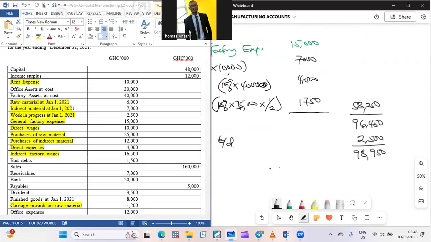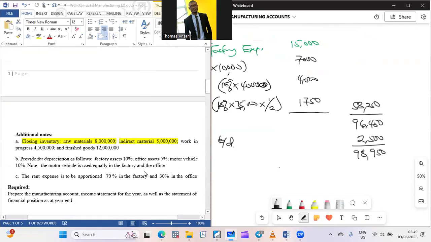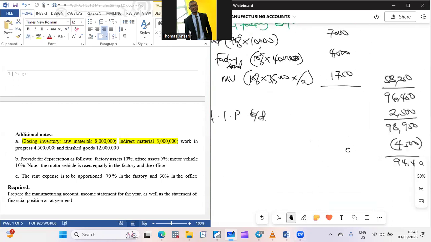But if I less the closing WIP, the closing WIP is 4,500. And if I take 4,500 out of this, that's like 94,450, right? That will be the production cost.